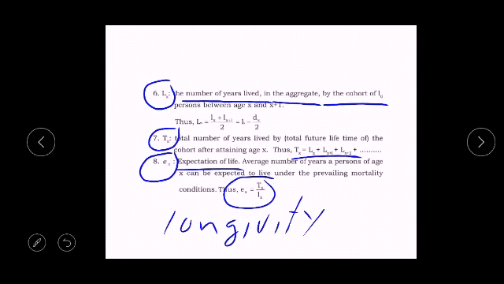Suppose E0 is indicating 65. That means a newly born baby will live up to 65 years. Then E1 tells 64, so a 1 year old baby will live 64 years.